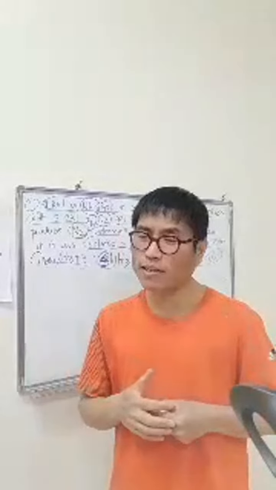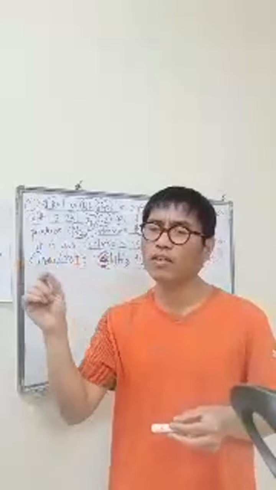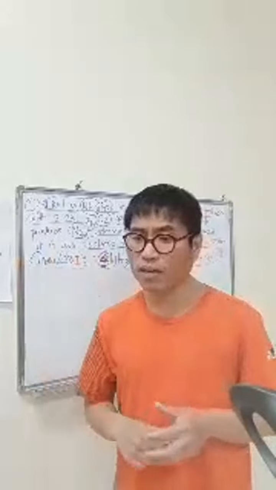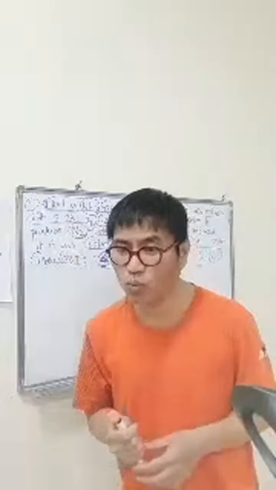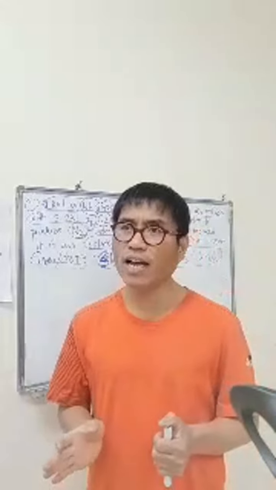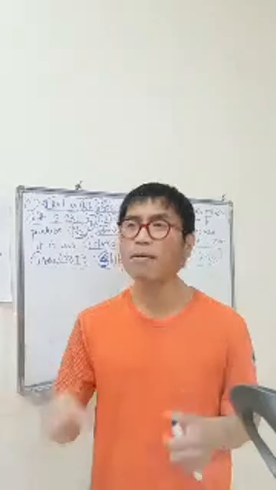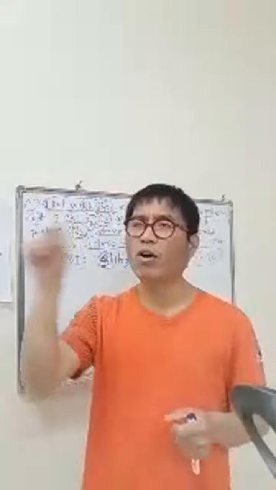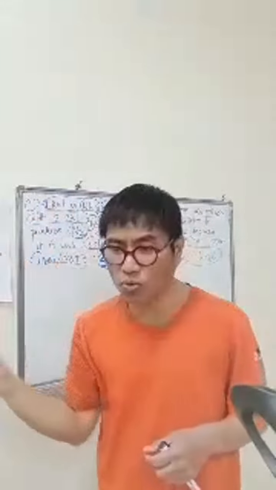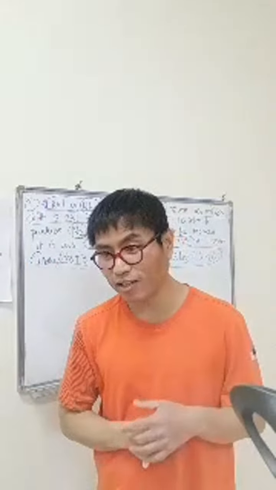So you will say P1V1 over T1n1 is equal to P2V2 over T2n2. But take note, the n there is sometimes eliminated because we treat it as 1 mole of an ideal gas. That's why in the combined ideal gas law, we don't put the n in the formula: P1V1 over T1 is equal to P2V2 over T2, and the n is eliminated. You get the point?